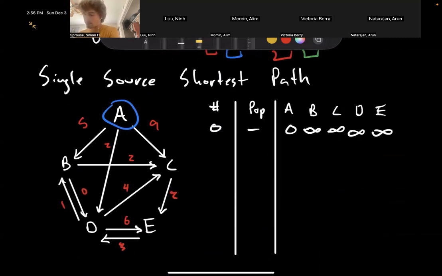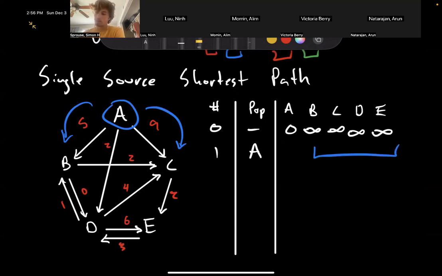Okay, so at the first iteration, we're going to pop the minimum element, which in this case you can see is A. And from A, we can see some of these nodes. While it is true that these nodes already have paths marked for them in the queue, if popping from A and looking at the paths that come from A discovers a more efficient path than the one that is already known, that is when we call the relax function.